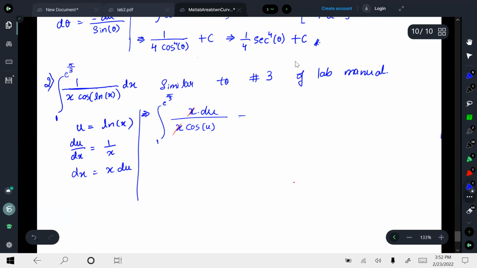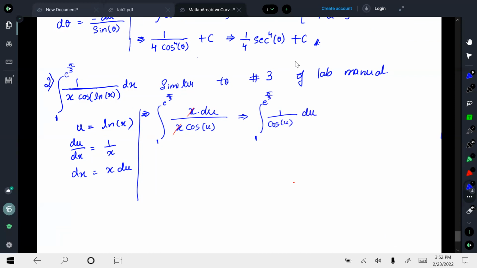Now this is equal to integral from 1 to e to the power of pi by 3, 1 by cos of u into du. Okay. Now, do you think it is correct? Do you think whatever I did till here is right? Or do you find any mistake here? If yes, then you have to tell me what is that.